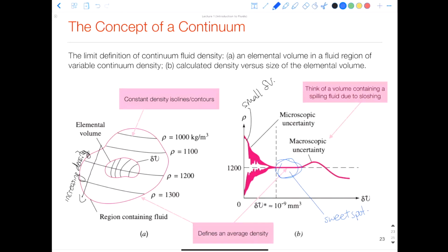The properties continuously change as we move through a material. There's no erratic change, no sudden step in pressure, temperature, and so on.